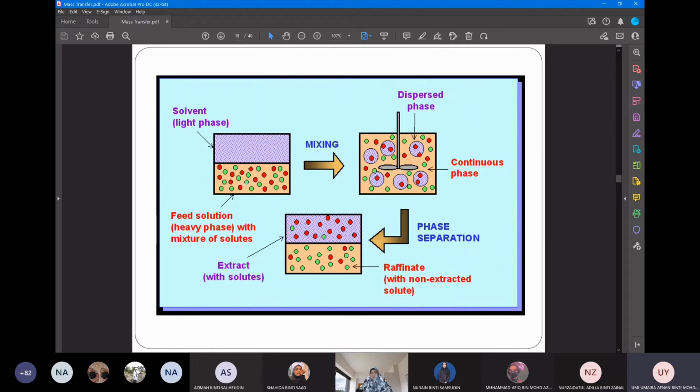One thing you have to understand is why diffusion occurs. The reason is that the concentration of vitamin C is less in the solvent compared to in the feed solution. If you look at the other components, you can also see that they have a higher concentration in this position compared to that position, but the other components will not diffuse.